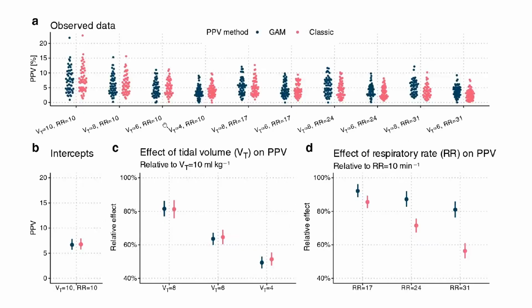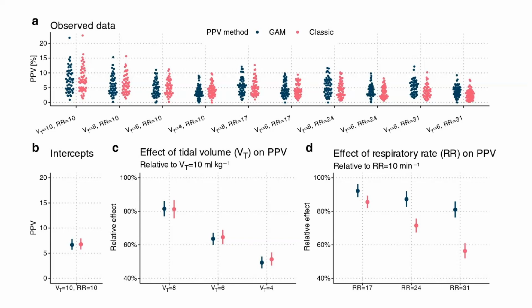And we analyzed that using what is called a mixed model approach, where we wanted to know within each patient, how does a change in tidal volume or change in respiratory rate affect their pulse pressure?